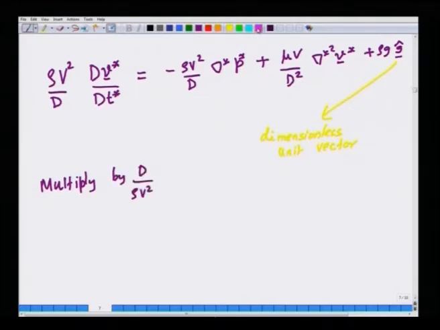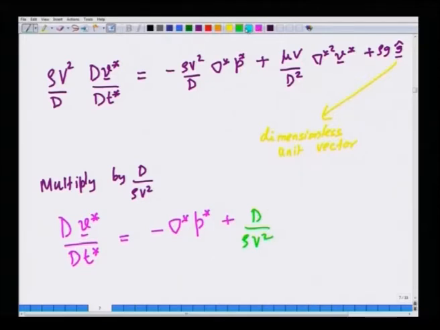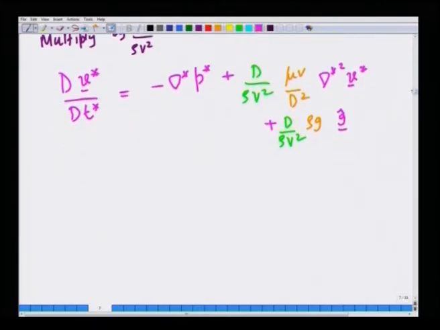If you do that, now the left side will be dV star by dt star is equal to minus del star p star plus, you get D by rho V squared times mu V by D squared times del star squared V star plus rho g times D by rho V squared times the dimensionless gravity vector, the unit vector that points in the direction of gravity.